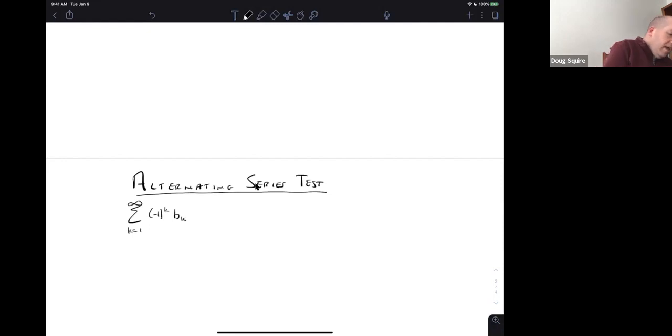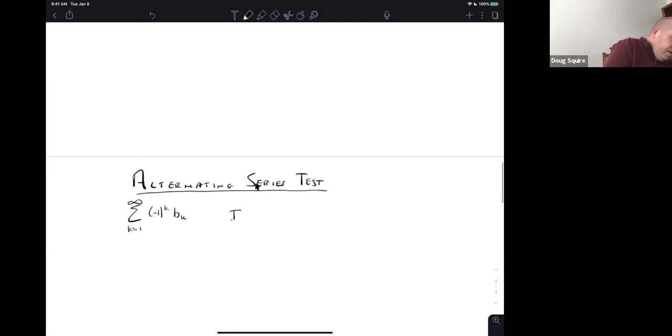Okay, so if b_k is positive, let's do the limit next. Limit of b_k is 0.